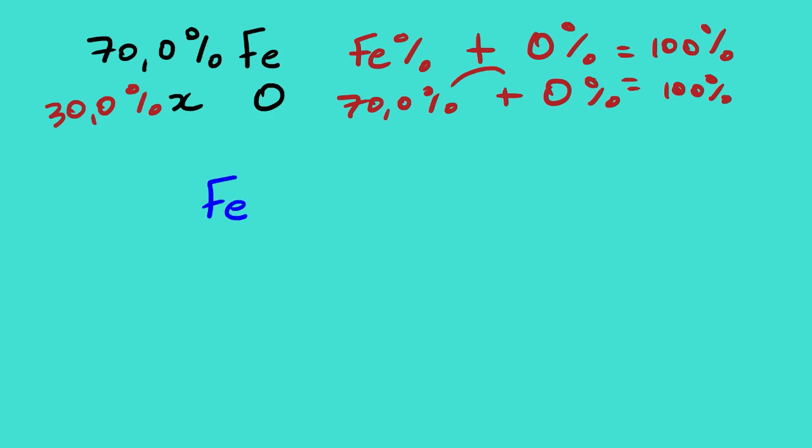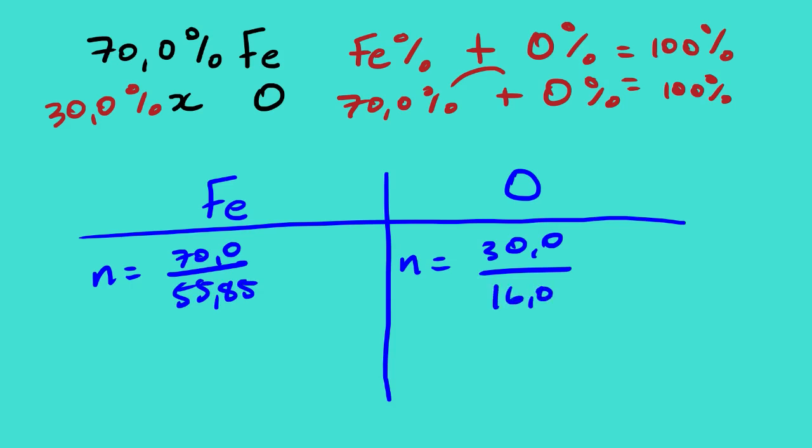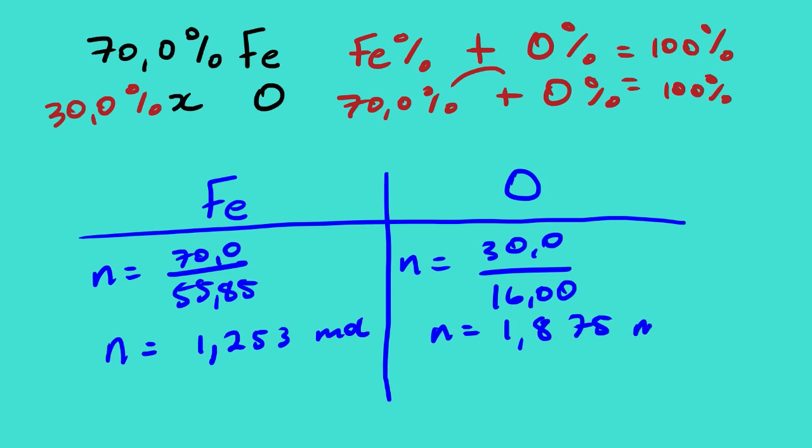So in this case, we can go ahead and calculate the empirical formula. You can quickly do it. n is equal to 70.0 over iron's 55.85, and n is equal to 30.0 over oxygen's 16.00. That gives 1.253 mole and 1.875 mole.